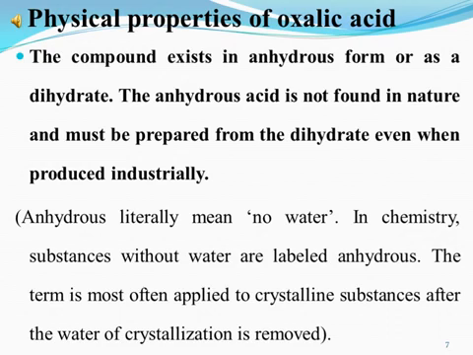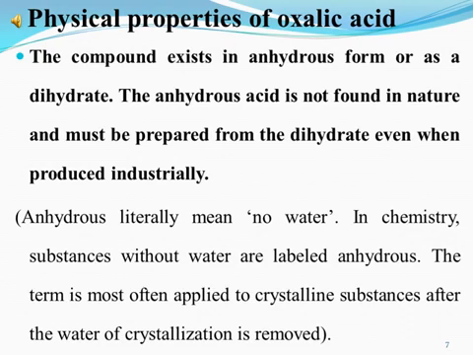The compound exists in anhydrous form or as a dihydrate. The anhydrous acid is not found in nature and must be prepared from the dihydrate even when produced industrially. Anhydrous literally means no water. In chemistry, substances without water are labeled anhydrous.